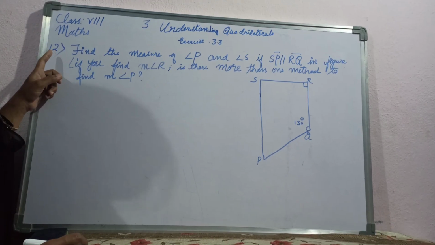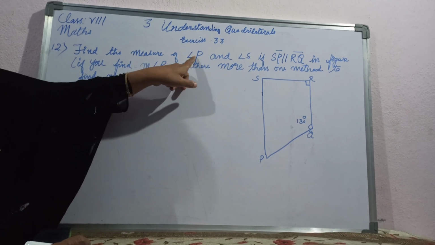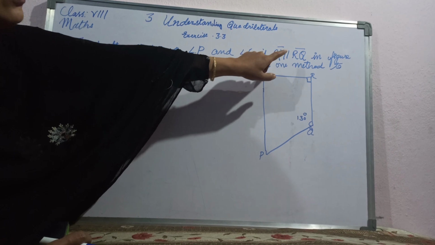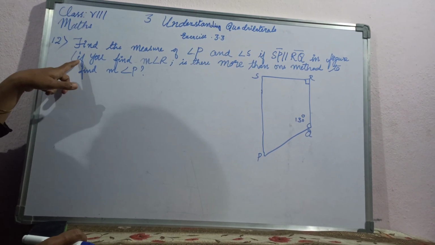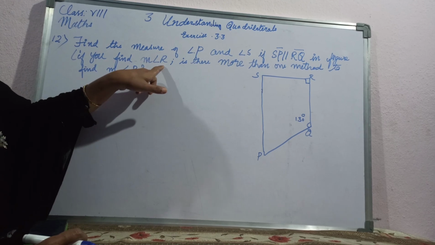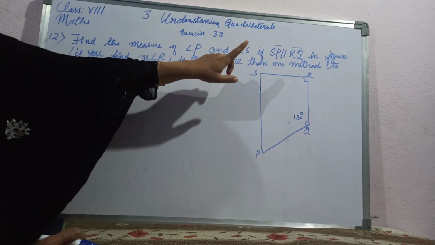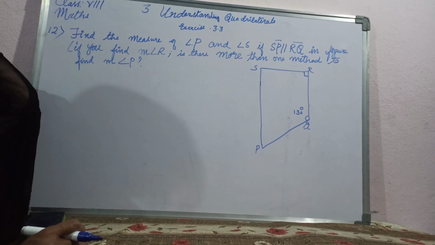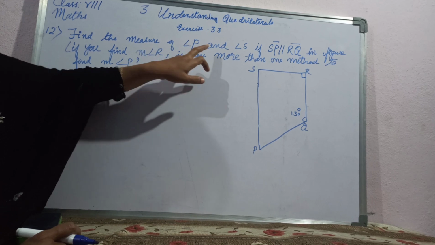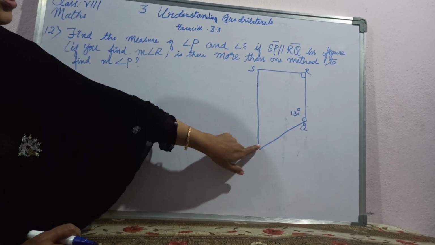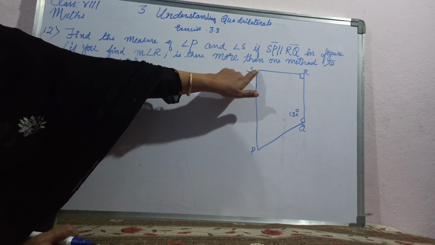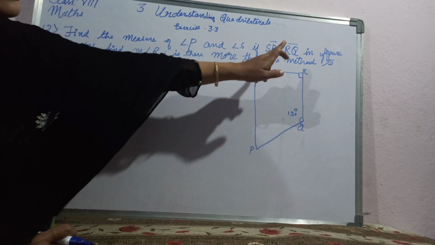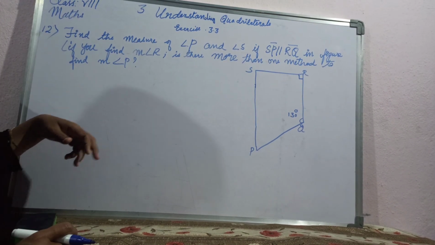Let us see the next problem, the 12th one. Find the measure of angle P and angle S if SP is parallel to RQ in the figure. If you find the measure of angle R, is there more than one method to find the measure of angle P? Here we are supposed to find the measure of angle P and the measure of angle S. This is angle P and this is angle S, and we are already given that SP is parallel to RQ.